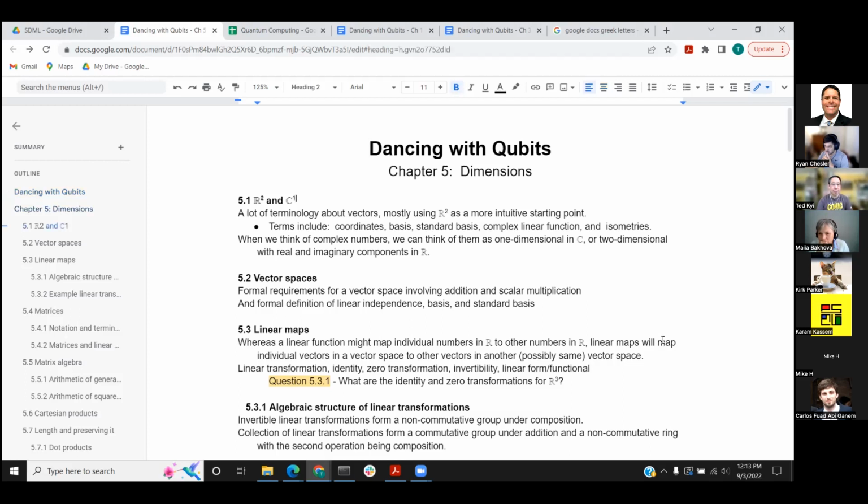The first section of chapter 5 is about the real number plane and complex numbers, covering coordinates, bases, and the standard basis. Prior to reading this book, I always thought of the complex number plane as real numbers on the x-axis and imaginary numbers on the y-axis.